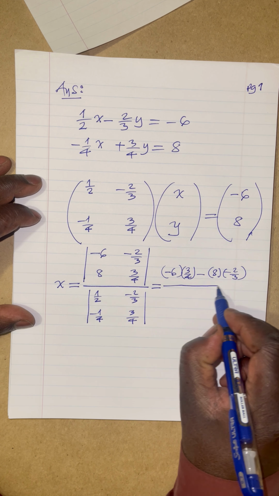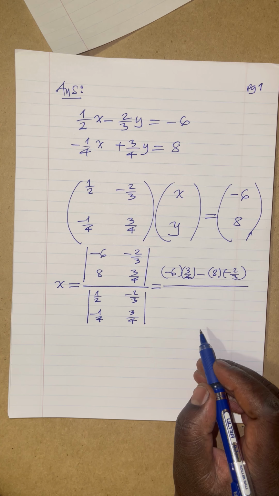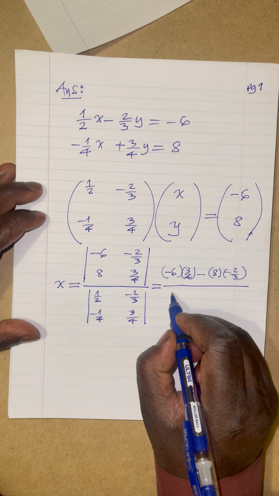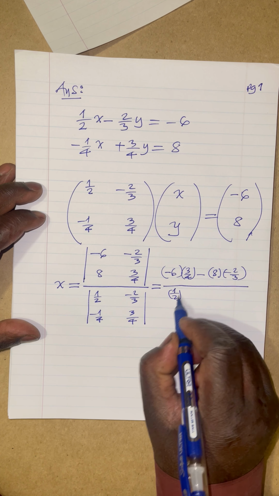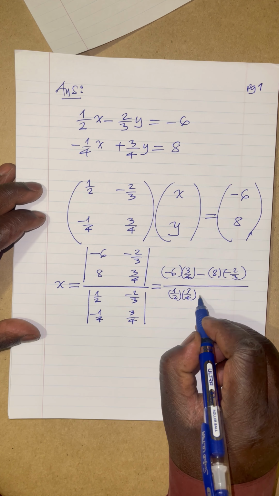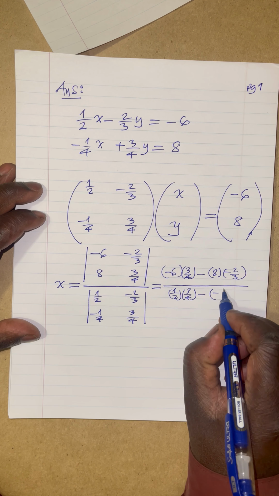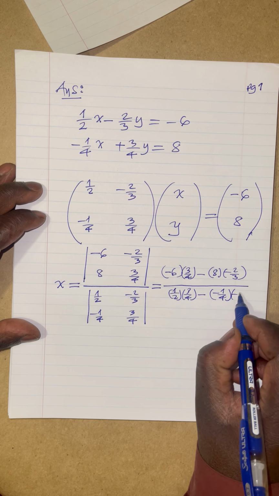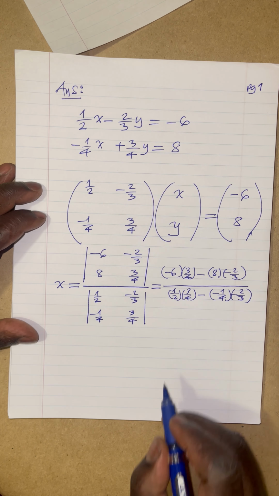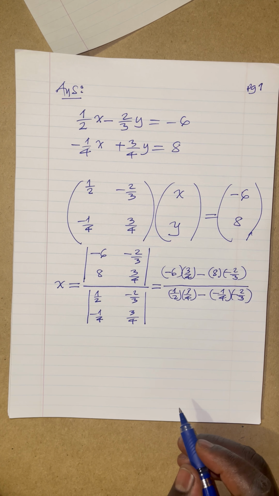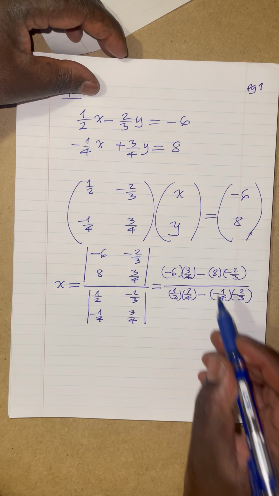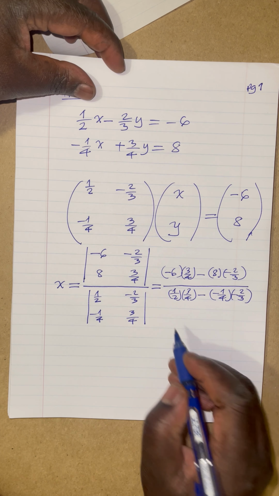We're dividing this by doing the same in the denominator. Product of elements on the right diagonal, half times 3/4 minus a quarter times minus 2/3. Now this is quite involving in terms of fractions, but we'll work this one out. So let's first of all rewrite this.